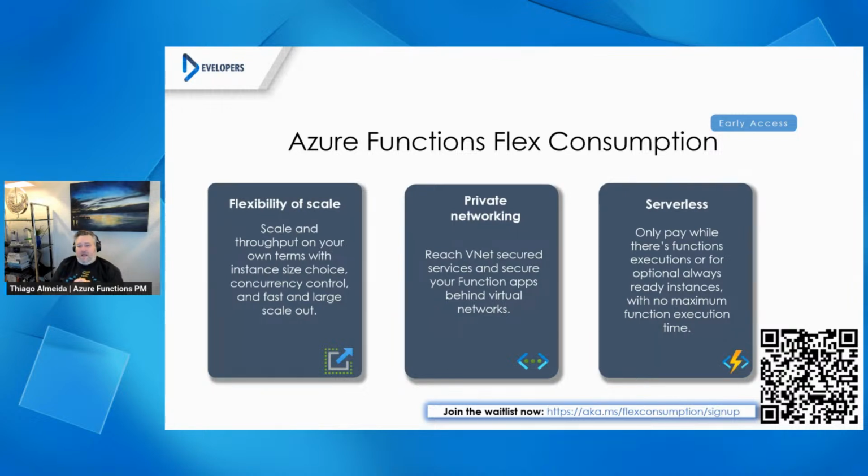And it will also allow for longer function execution. It will be much longer than the current consumption plan allows for a function execution to run for. It won't be without maximum, but it will be pretty long.